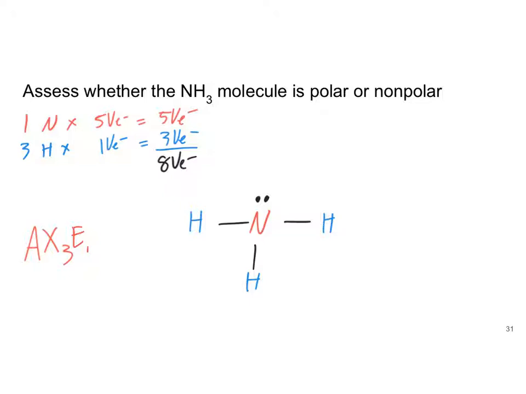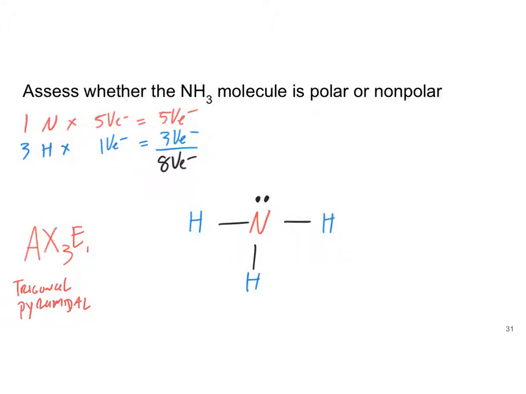AX3E1 would tell me that it is trigonal pyramidal. Okay, so it's a trigonal pyramidal. And so what that tells me is that the shape of this particular molecule is roughly pyramidal. And we drew that, or I showed you an example of that yesterday in class.